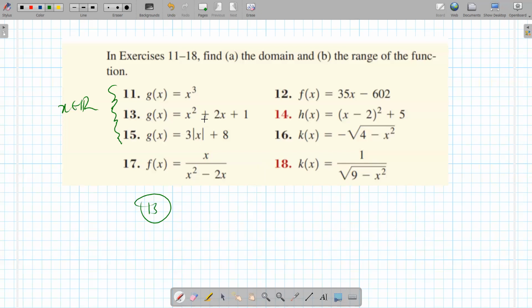You need to find the vertex. So you need to find h and k. h is minus b over 2a. The y-intercept is given right here, plus 1.